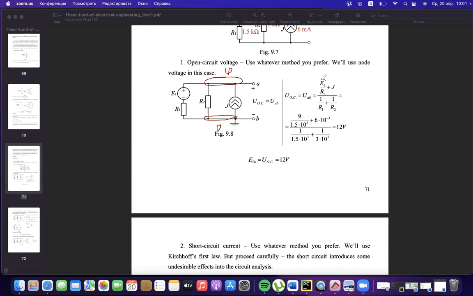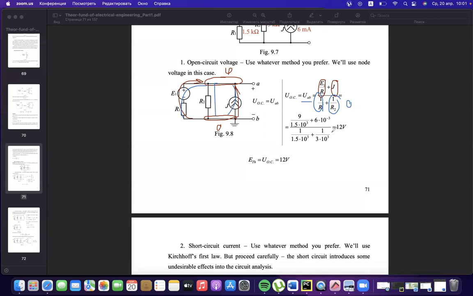According to it, we are adding inflowing currents from the source to this potential and from the electromotive force to this potential, and dividing by the conductivities of all branches. Conductivity of the first branch is 1 over R1, conductivity of the second branch is 1 over R2, and conductivity of the last branch is 0 because we have a current source.